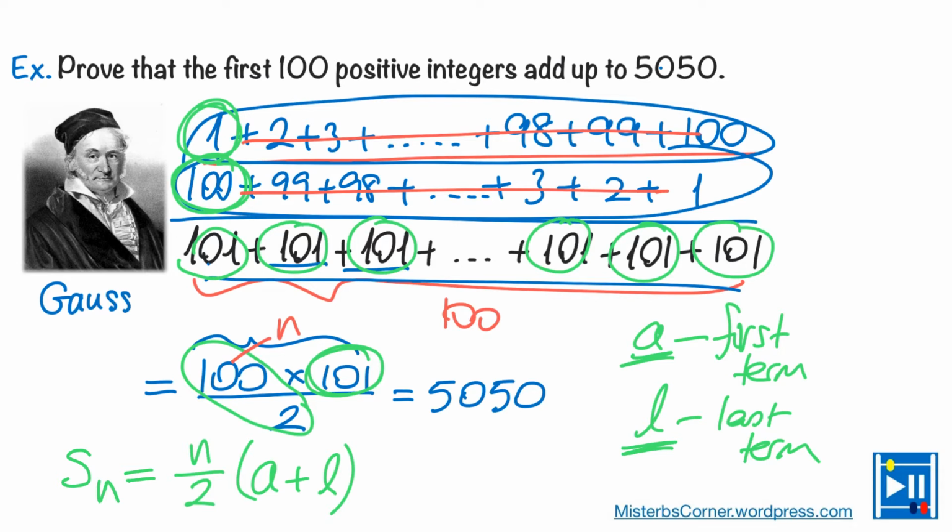Now, generally we sort of know the first term, but we may not know the last term. So if we don't know the last term, remember how to write down the nth term. So we use that formula. So it's u_n equals a plus n minus 1 times d, where a is the first term and d is the common difference, remember.